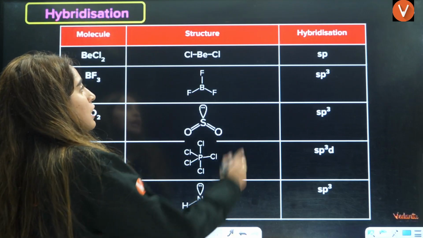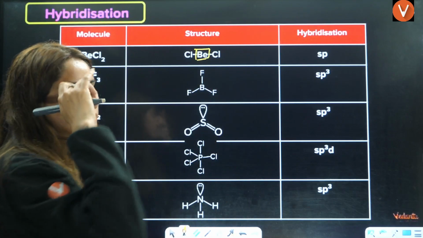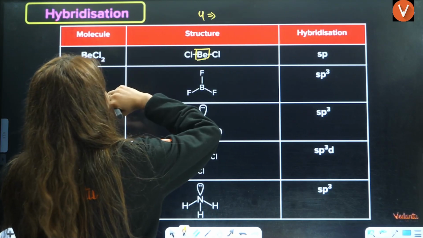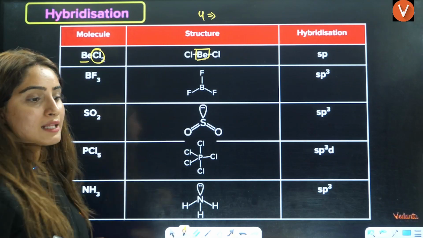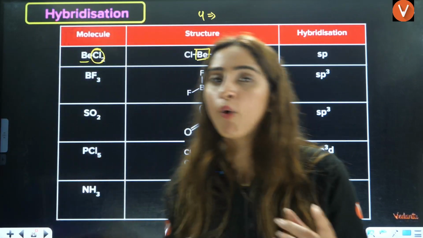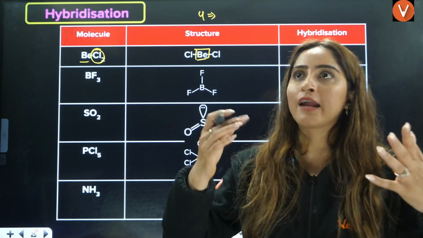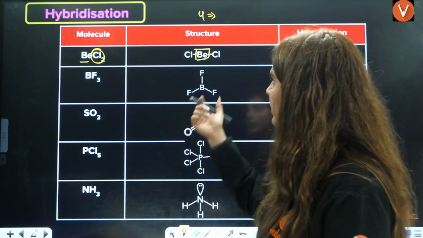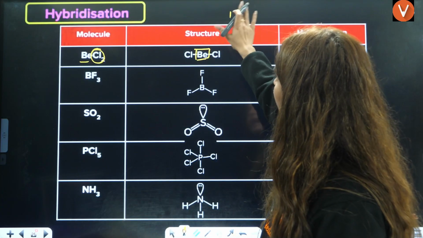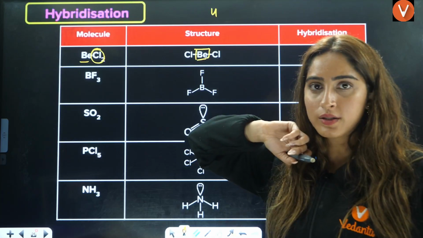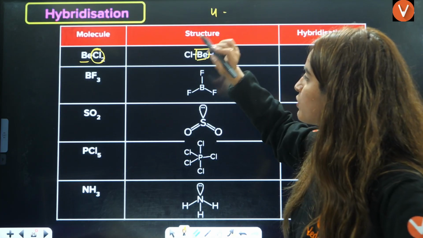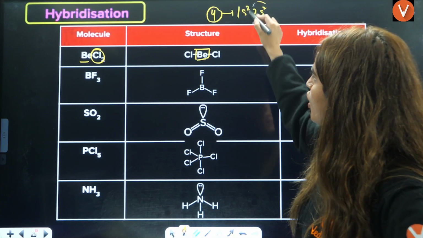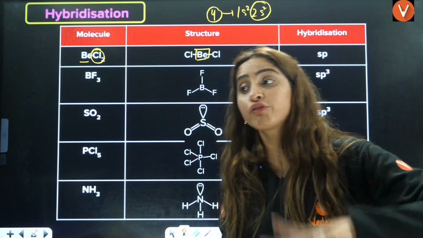Let us see. We know that beryllium is atomic number 4, and this is BeCl2. That means chlorine is definitely bonded with a single bond here. Be and Cl cannot be without a covalent bond; there must be some bond here. Out of the 4 electrons, the configuration is 1s2, 2s2, so the outermost shell has 2 electrons.